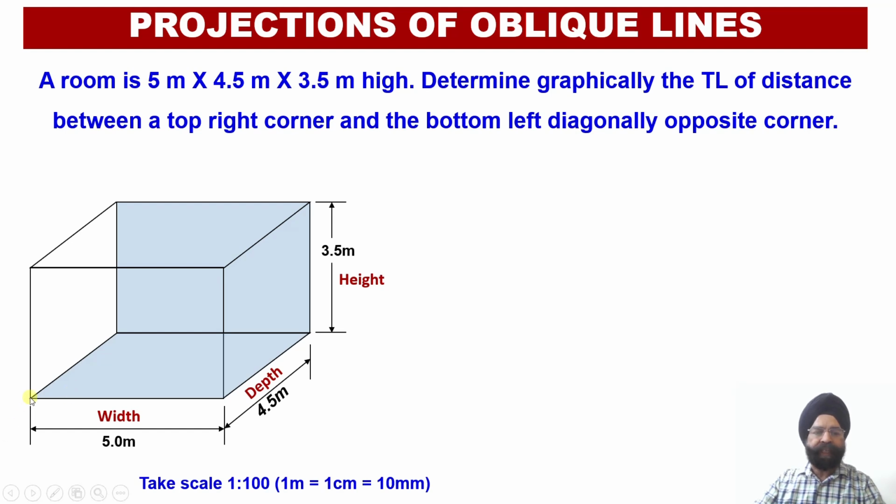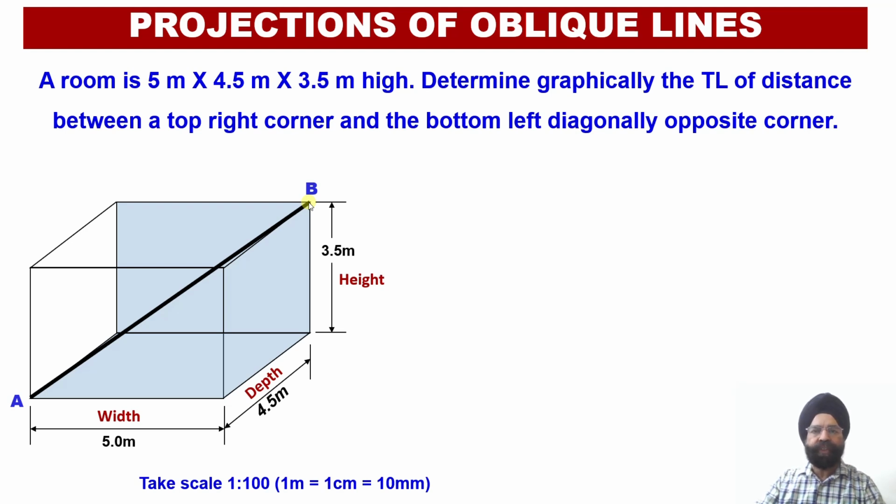So this point which we have named as point A, and this is the point B. We are required to determine the distance between this point A and this point B. Point A happens to be the leftmost point available at the bottom of this particular room, whereas point B happens to be the rightmost top corner of this room.